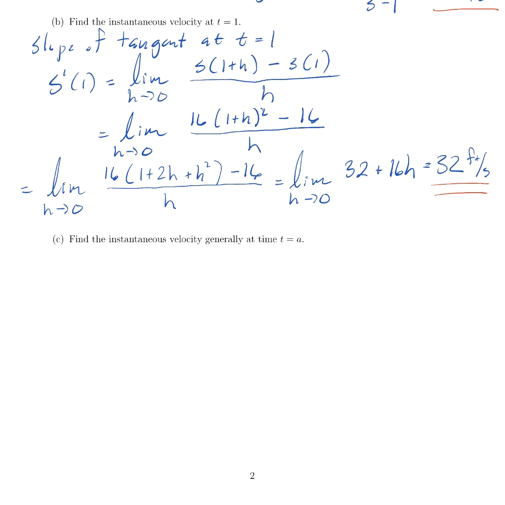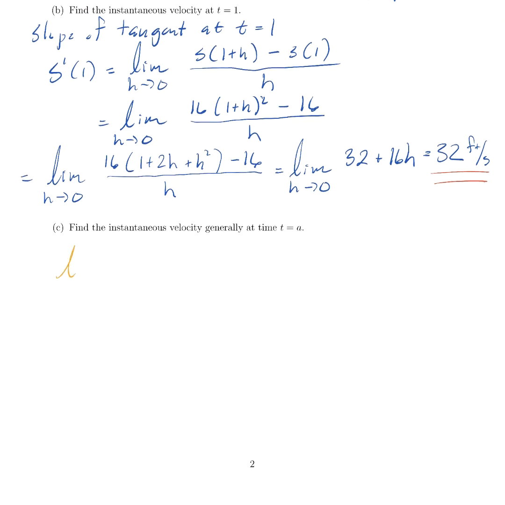We can start with the limit as h approaches 0 of s of a plus h minus s of a, all divided by h. So basically here a is playing the role of 1 above, and this would be s prime of a that we are finding. Okay, so let's do the algebra to find that.